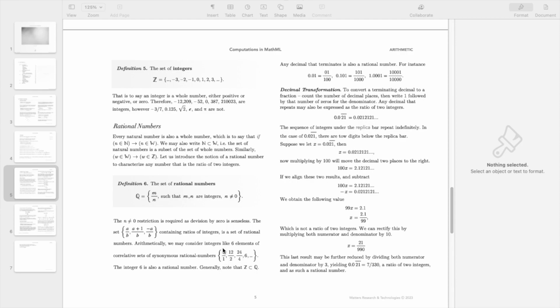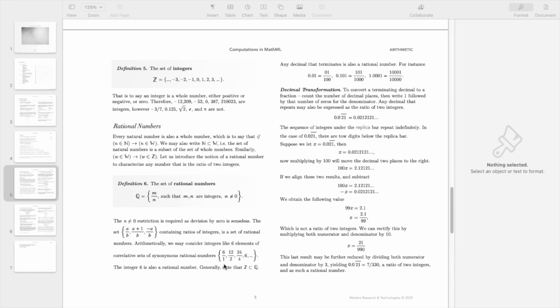So they're synonyms of the number 6. But the main idea being these are all rational numbers, including the number 6. Because 6 may be expressed as any one of these, and in the most simple case, the ratio 6 over 1. And in principle, there are infinitely many representations of the integer 6.